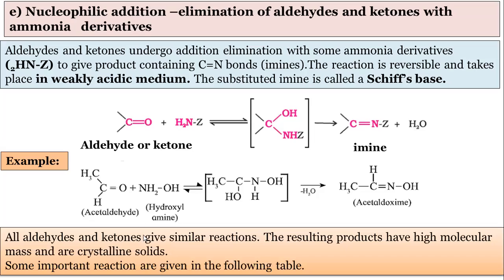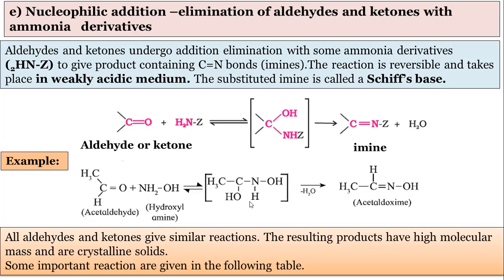So in all the reactions, an imine will be formed. Take this example, acetaldehyde. This oxygen and this NH2: the two hydrogens and the O will be removed, and we get the C=N bond, which is called the imine group.